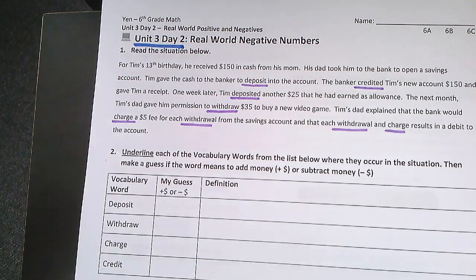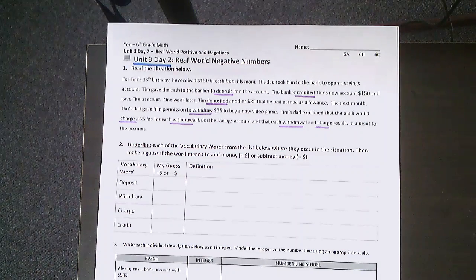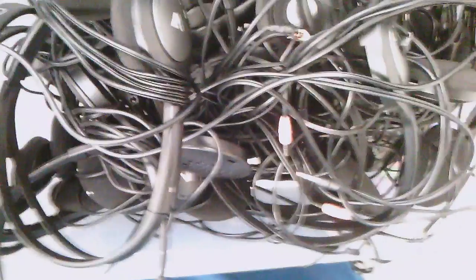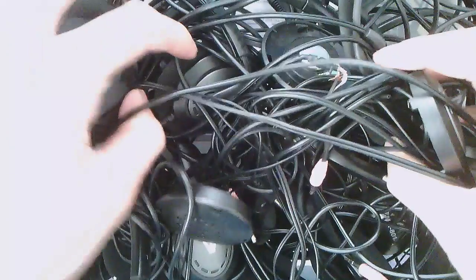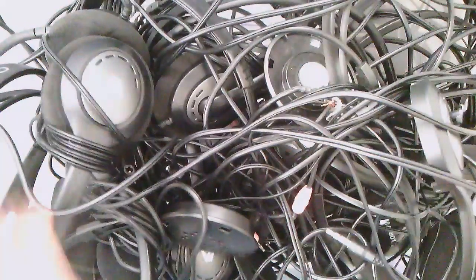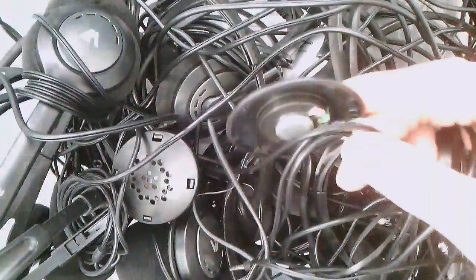And before we get started with the math, a couple of housekeeping notes. First, I want to show you something. This is the headphone bin, and as you can see, it's a huge mess, and they're all tangled up, and I have broken headphones like this, right?